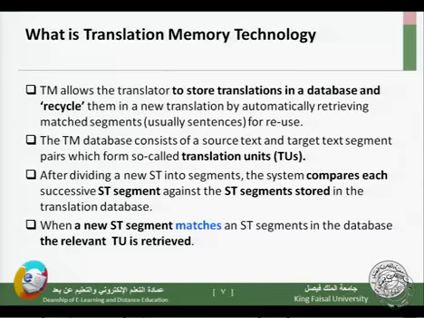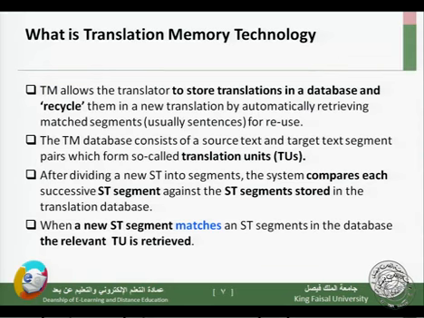So in the database, you have a segment from the source and a segment from the target, and they are stored in the database, and they are called translation units. Now, after dividing a new source text into segments, the system compares each successive ST segment against the ST segment stored in the translation database.